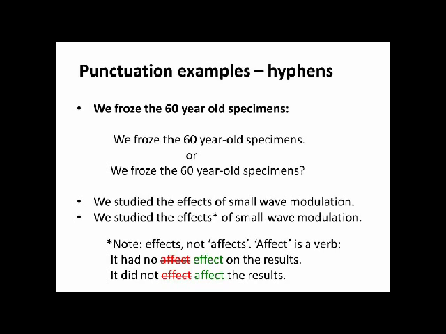The same with this example. So we froze the 60 year old specimens. We could say, do you mean you froze the 60 year-old specimens? So 60 specimens that were each 1 year old? And perhaps maybe not in this example, but nevertheless it does show us how there are two possible interpretations. So you mean 60 specimens that are each a year old, or do you mean 60-year-old specimens?